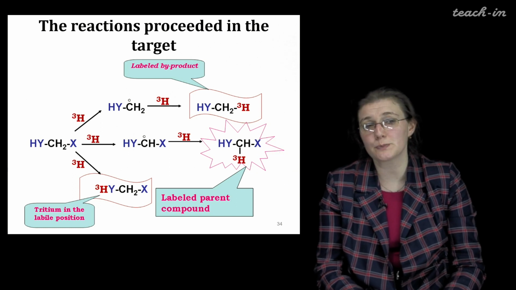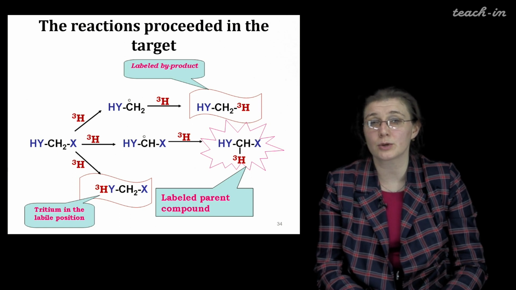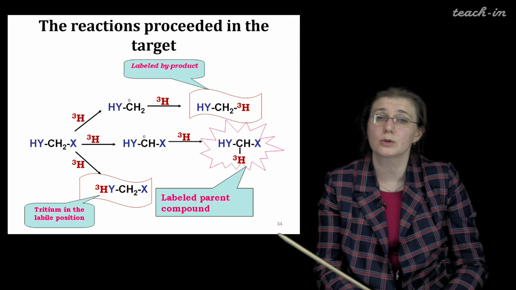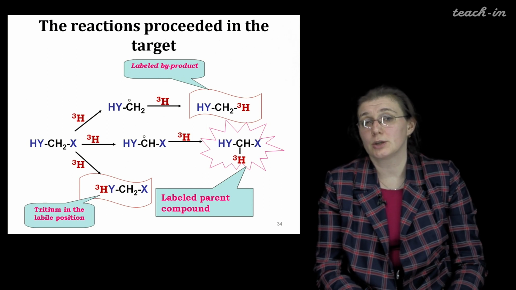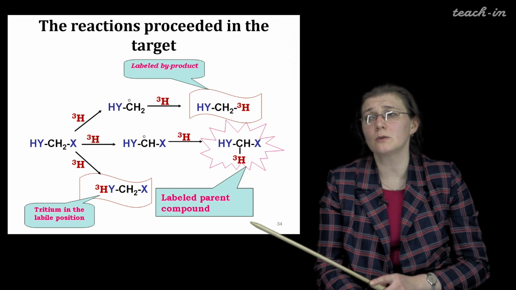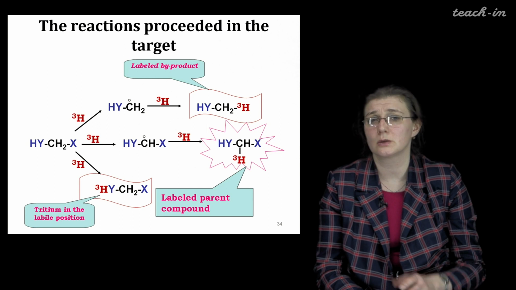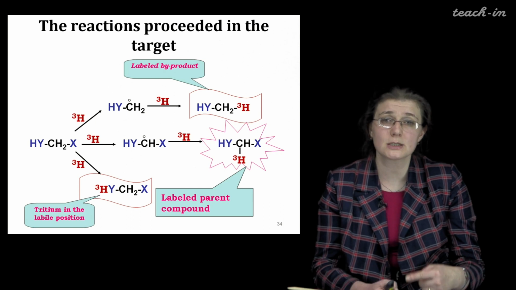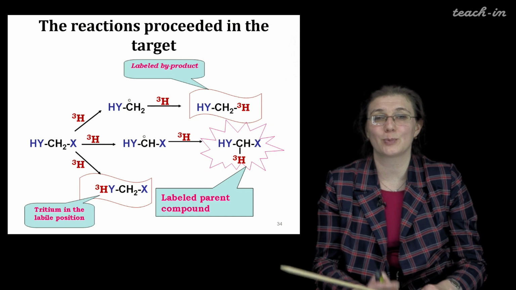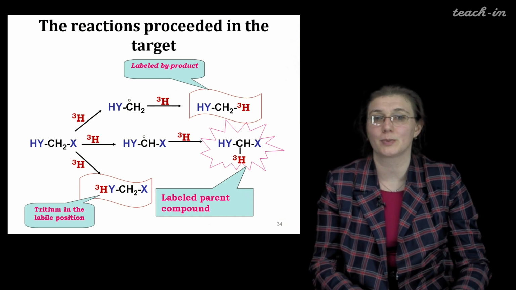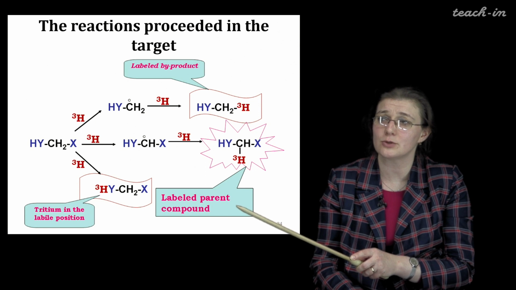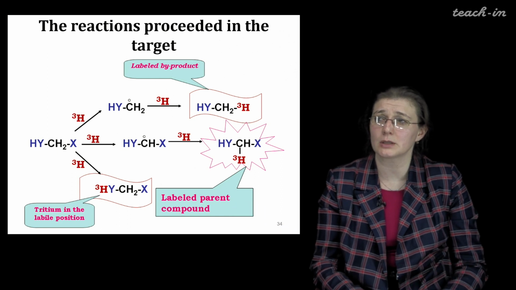Usually for this purpose, dialysis for macromolecules and size exclusion chromatography is used, and for small molecules like amino acids, we can dissolve our labeled compound in water, for example, and then evaporate it several times for isotopic exchange reaction between protium and tritium in the labile position, to make sure that all labile tritium is removed from the labeled compound.